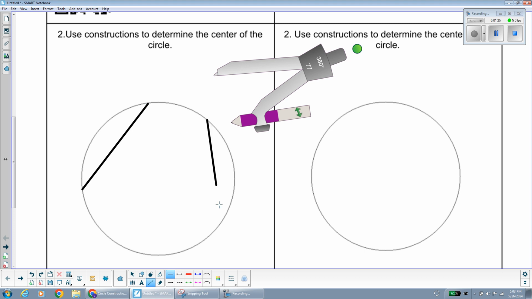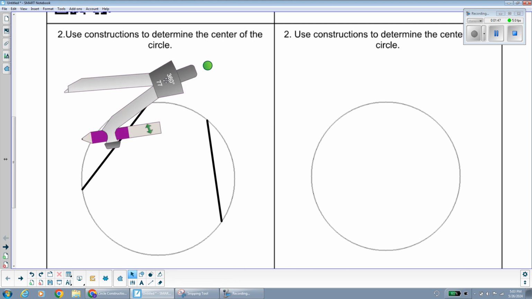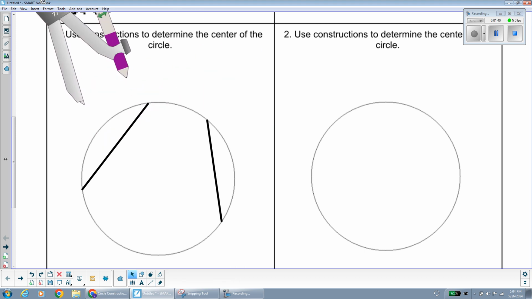If you're trying this on paper, you can just draw any two chords in your circle with a straight edge, of course. An ID card, a ruler, any form of straight edge. We're going to take each of these chords, and it doesn't matter which way the chords are facing, I just drew mine like this, but we're going to take the perpendicular bisector of each chord. First, I'll do the perpendicular bisector of the chord on the left.